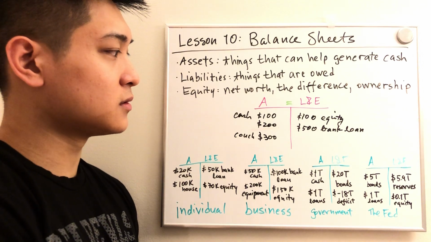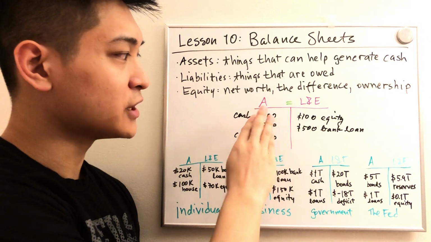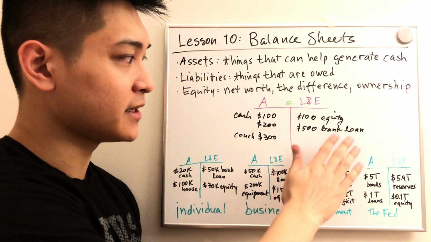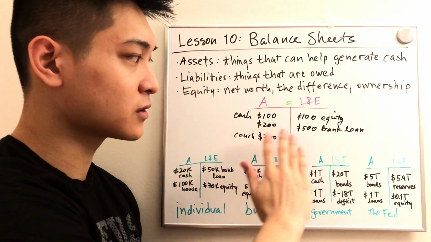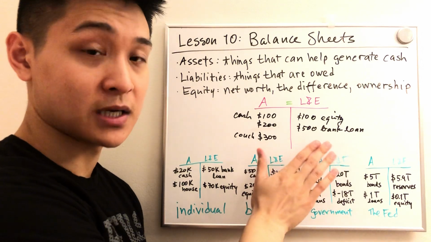So as you can see, the amounts can change on the asset side, on the liability side, and between them. But however the assets and liabilities and equity change throughout time, they must always balance.